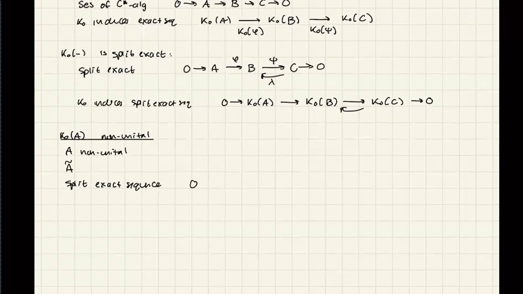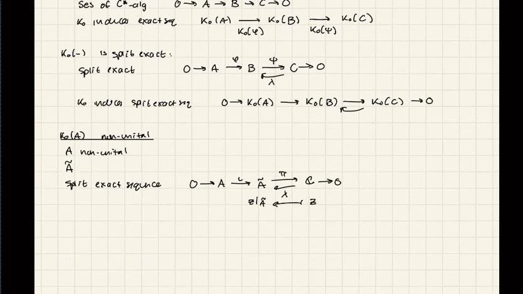So I can include my non-unital C-star algebra into its unitization, and then I can project down to the complex numbers. That gives me a short exact sequence, but I want this to be a split exact sequence. So I'm going to define a map going from the complex numbers to the unitization. And what that does is it takes a complex number and sends it to scalar multiplication by the unit in our unital C-star algebra.